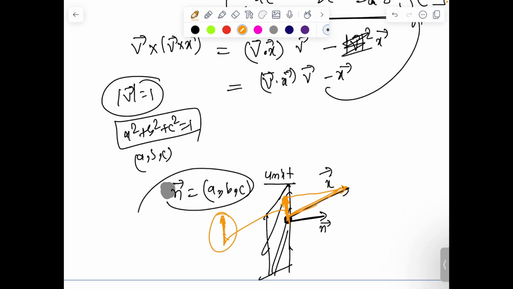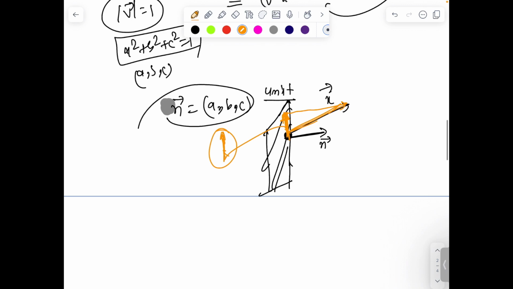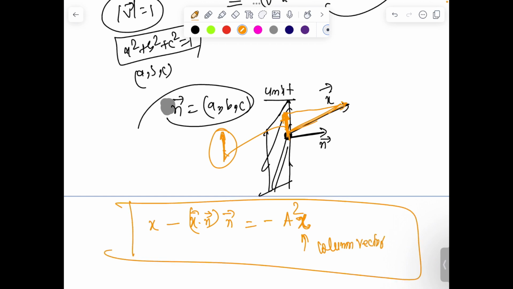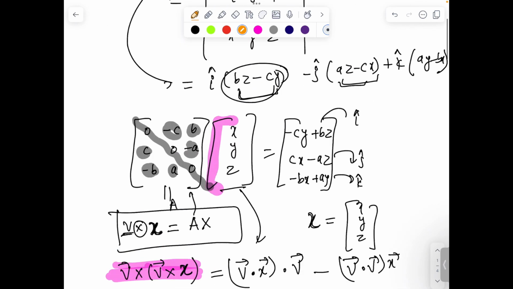In fact, it will have minus A square x because of the sign notation. So I can say x minus (x dot n) times n equals minus A square times x, where x is a column vector, remember. So A square x fundamentally represents the negative of that projection, a projection vector in the opposite direction.